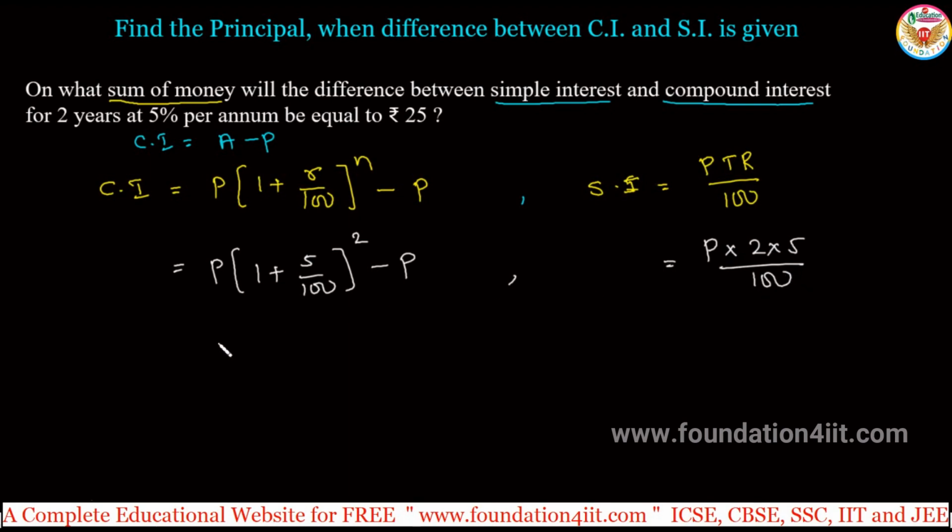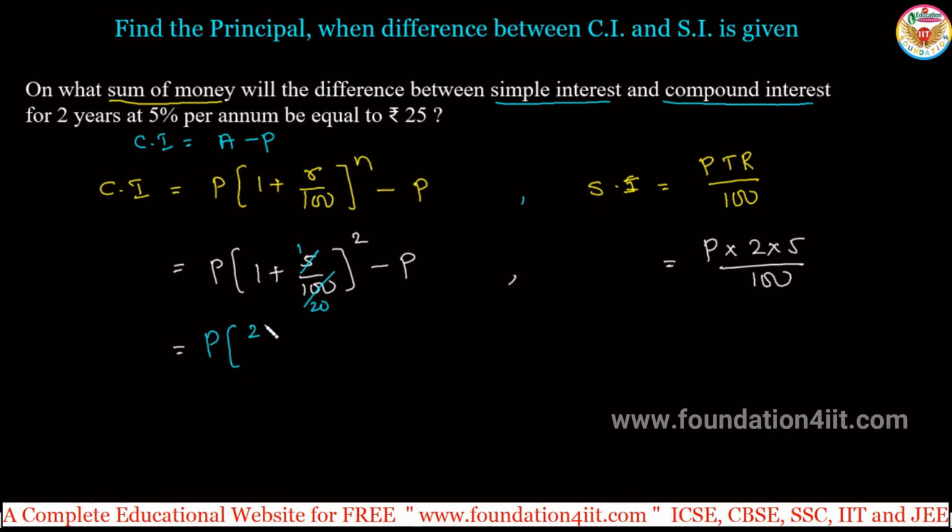Let us simplify both separately. 5 times 1 is 20, so 1 plus 1 by 20 is 21 by 20. P into 21 by 20 whole square, again minus P. Let us simplify this.